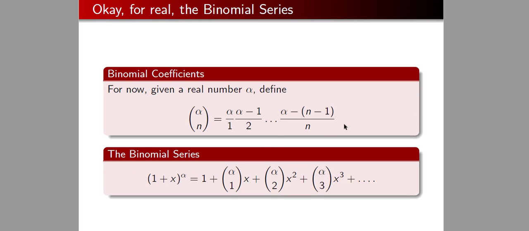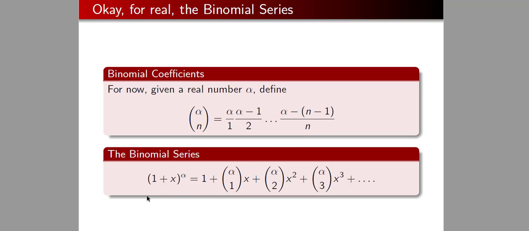Okay, so for real, the binomial series now. Binomial coefficients. Given a real number alpha, define alpha choose n as alpha over 1 times alpha minus 1 over 2, and keep reducing the numerator by 1, keep increasing the denominator by 1 until the denominator is built up to n.